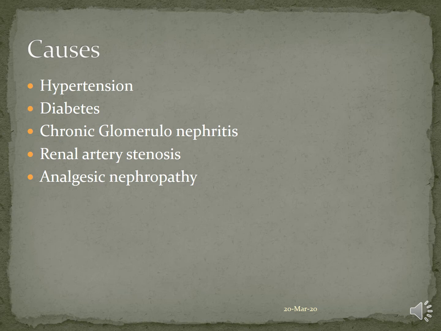The causes of chronic renal disorders are hypertension, diabetes, chronic glomerulonephritis, renal artery stenosis, and analgesic nephropathy. Look at this word, analgesic nephropathy. This is one of the major concerns of self-medication, especially in dental patients, because dental patients think that the pain can subside very easily by taking analgesics.